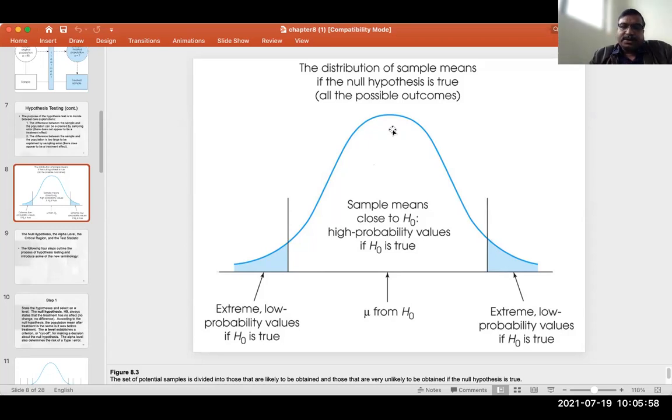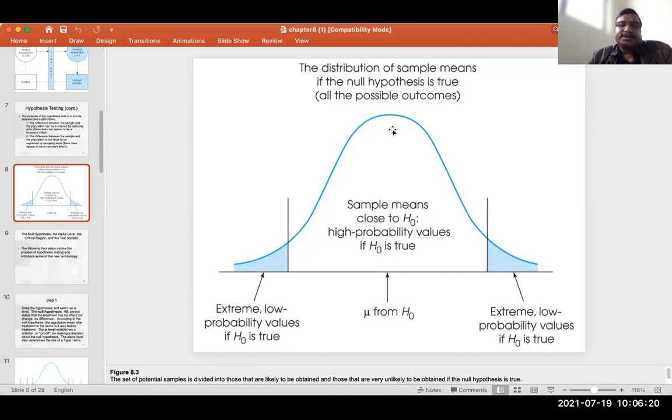Here we are not talking in terms of the hypothesis being true or false. Based upon the sample data, whether we are able to accept or reject, that kind of decision we are going to make.